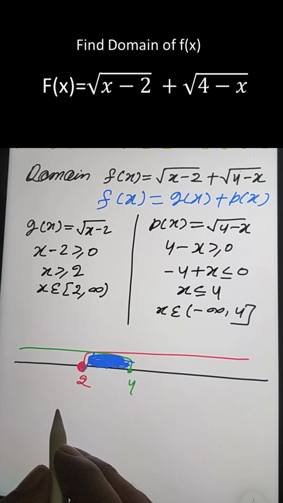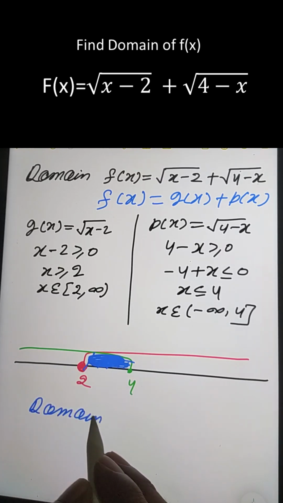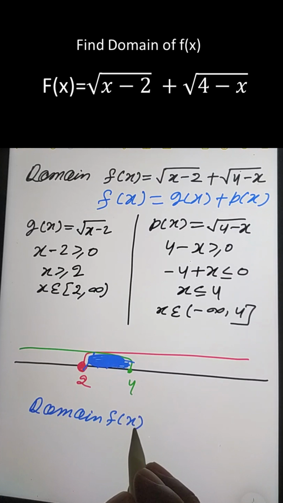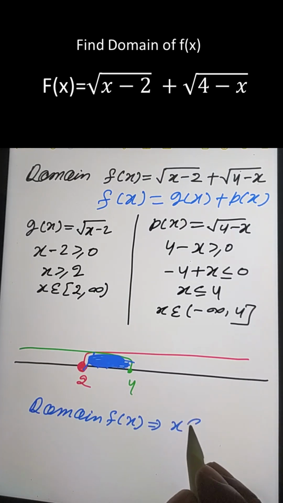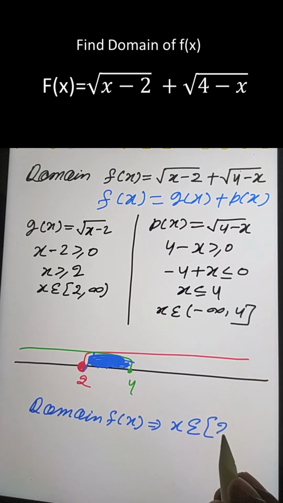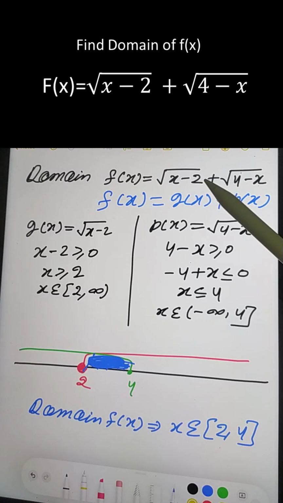So you can say the domain of f of x is x from 2 to 4. How can we verify whether it is right or wrong? Put any value from 2 to 4, or equal to 2 or 4, in this function f of x.